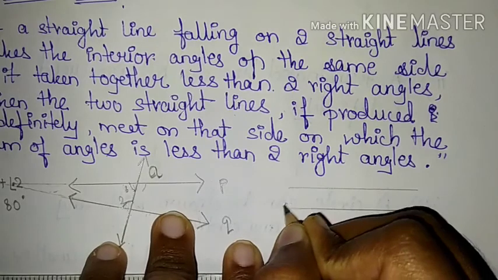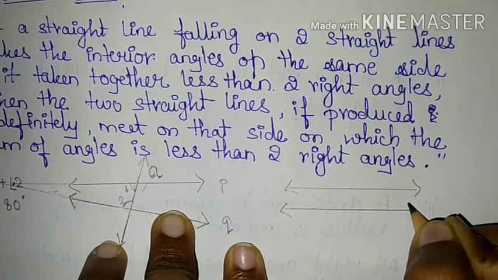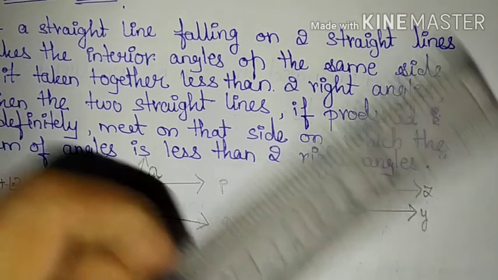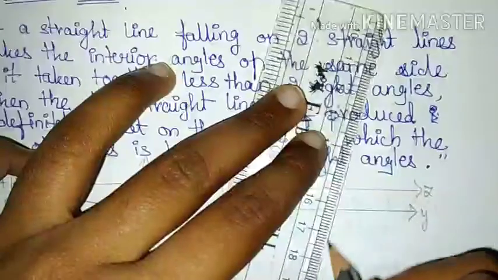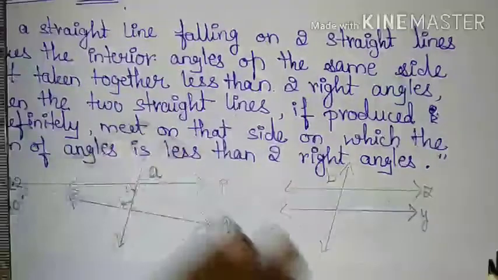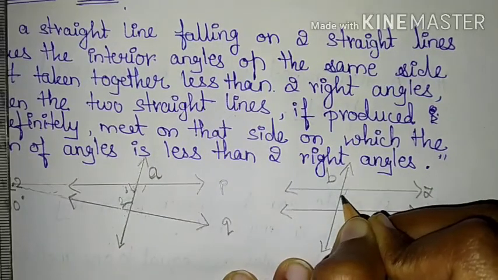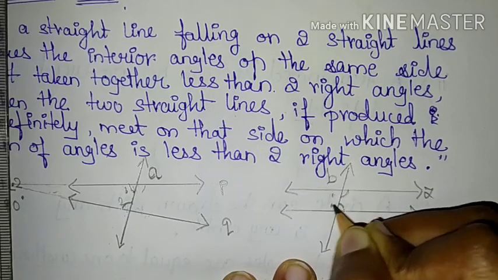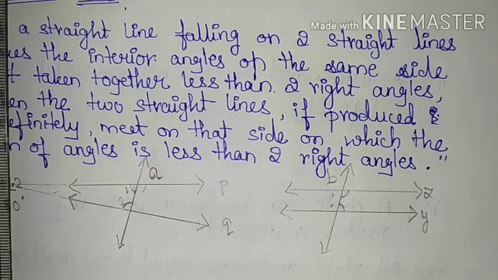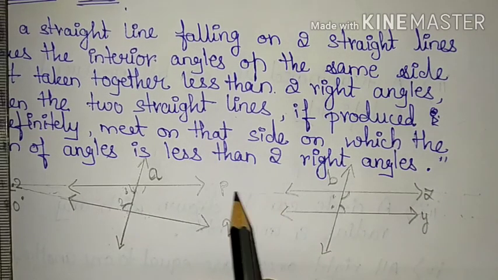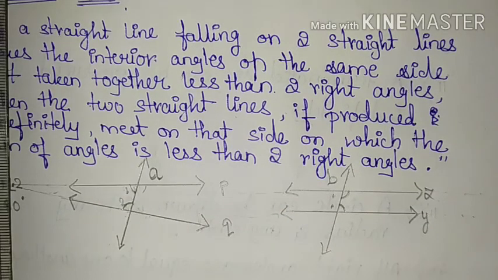So these are our lines, Z, Y, and this is our transversal, B. Now if the sum of the interior angles on the same side, either these two or these two angles, is exactly 180 degrees, then the lines are parallel. That means they do not meet. If you produce them indefinitely on either side, they will never meet each other.